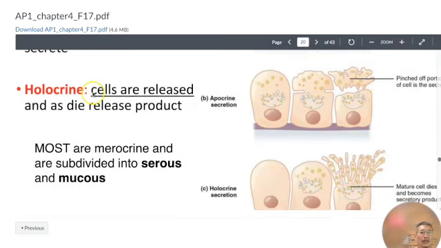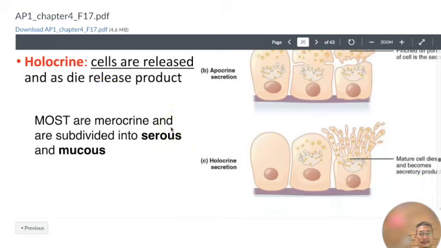And holocrine, cells are released and they die. Mature cells die and become the secretory product. Most are merocrine, which means it uses the little vesicles. Most of them are like that.